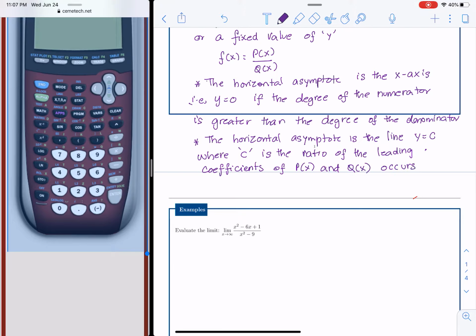This occurs when the degree of p of x and q of x are the same.